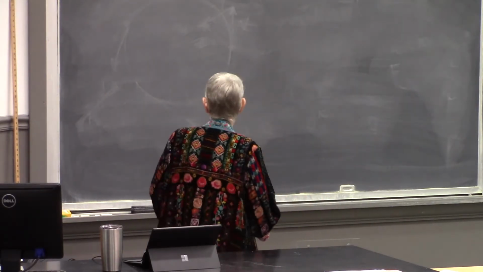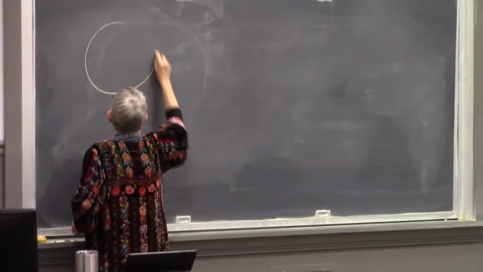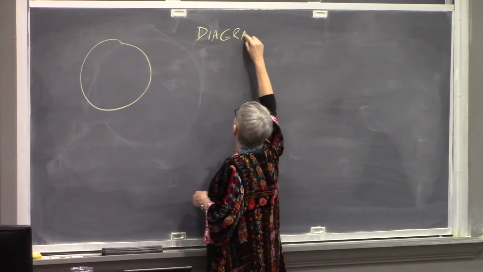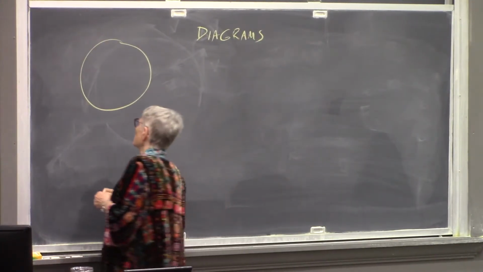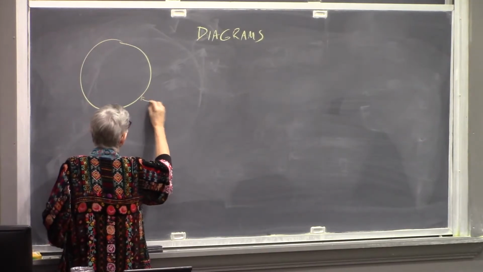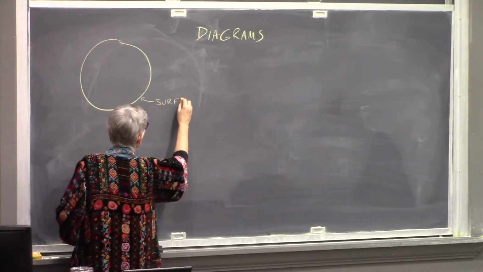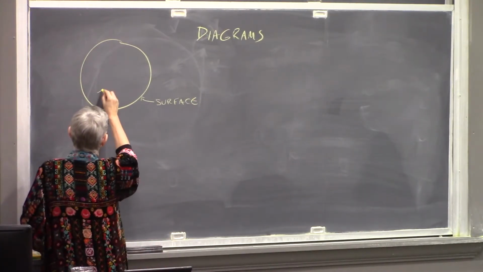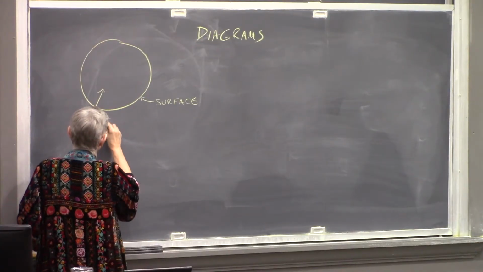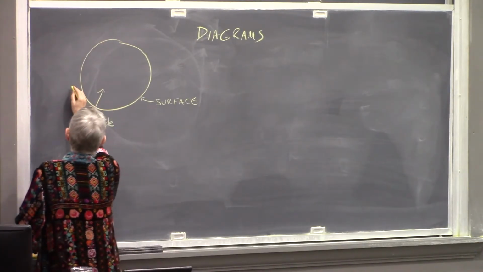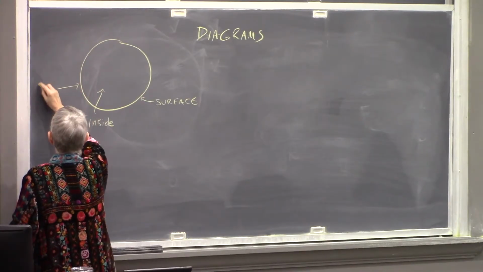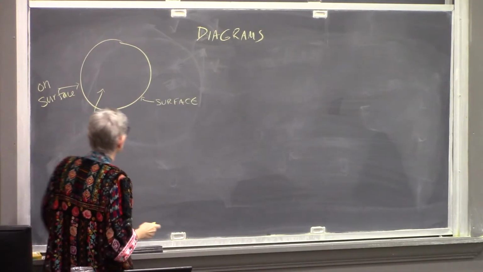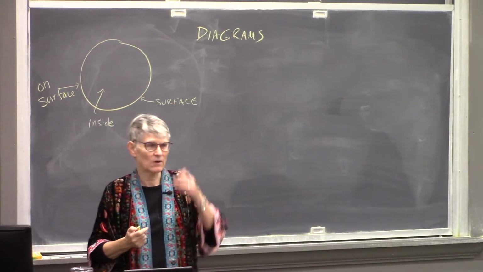And so far, what we have is that when we draw an object, this represents the surface of the object, and anything drawn right here is on the surface. Okay?